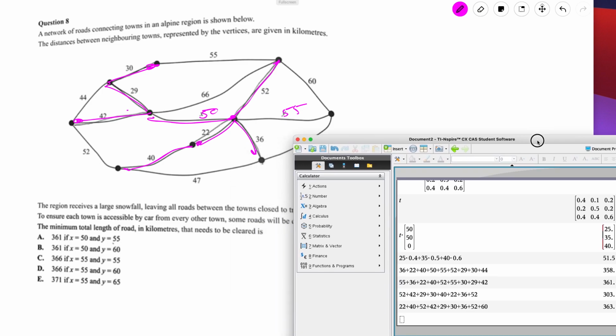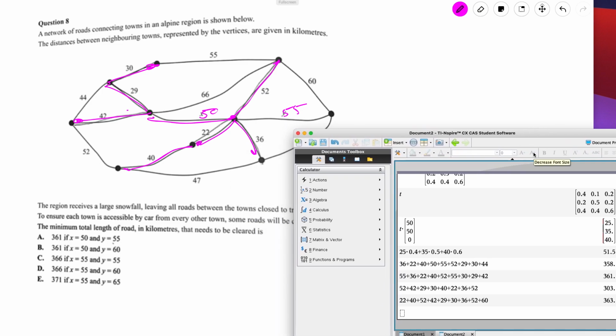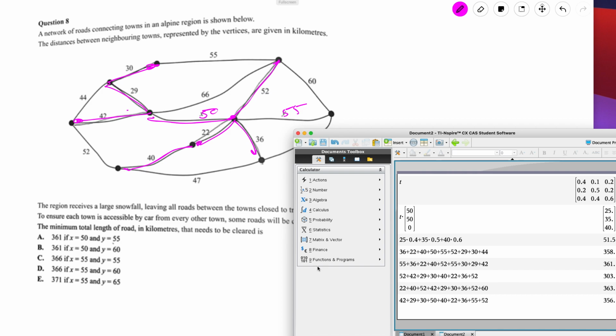Let me just re-add it. Maybe I just added something wrong. Left to right, 42 plus 29 plus 30 plus 50 in the middle there, plus 40 at the bottom, plus 22 plus 36. I must have just missed a number. Plus 55 plus 52. 356.